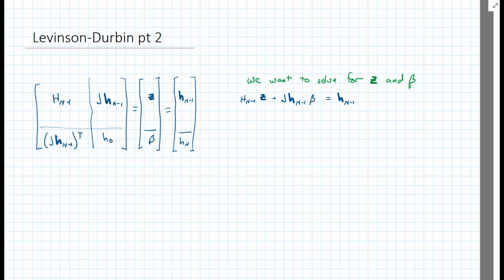Likewise, we can solve the bottom part, and we note that J times h_{n-1} quantity transpose is just going to be h_{n-1} transpose times J. We just reverse the order. That'll be multiplying z. And then we have plus h0 beta, and that will be equal to h_n.